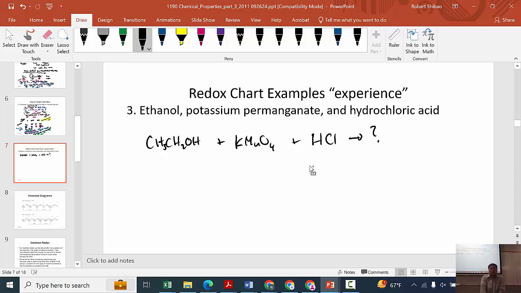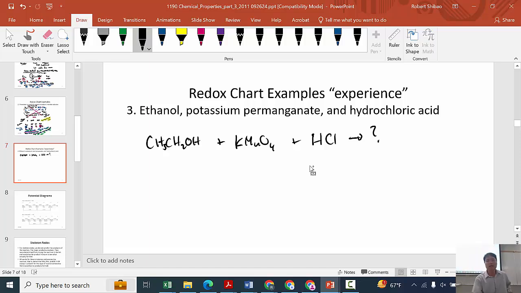There is a potential metathesis reaction here. So if we do potassium permanganate and hydrochloric acid, we are going to form HMnO4. HMnO4 is called, well, it's permanganate, and if we convert it to an acid, we call it permanganic acid. So we form permanganic acid and potassium chloride.